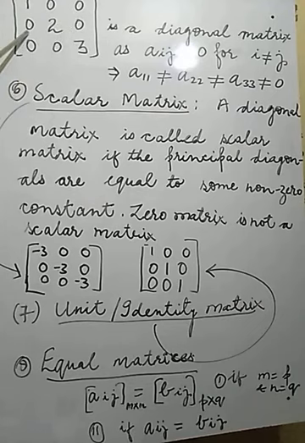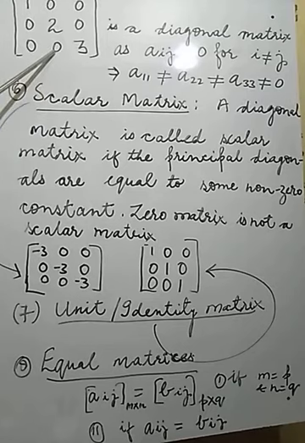Here this one is 0, again this one A22, second row second column, means i equals j, so this will not be 0, the rest will be 0. Consider here: A33 means i equals j, that's why this is not 0, and the rest are 0 where i is not equal to j.